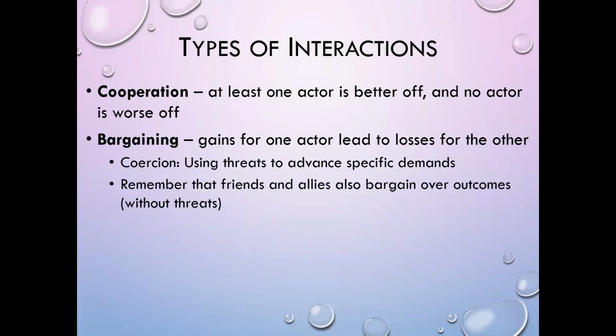If a threat is being made to get the other side to give you what you want, then coercion is being used. But it doesn't have to include coercion. So friends and allies also bargain over outcomes to various things, but they're not threatening. So you can have bargaining that is coercive, and you can have bargaining that is not coercive. And you need to identify, if you have bargaining, which of these it is.